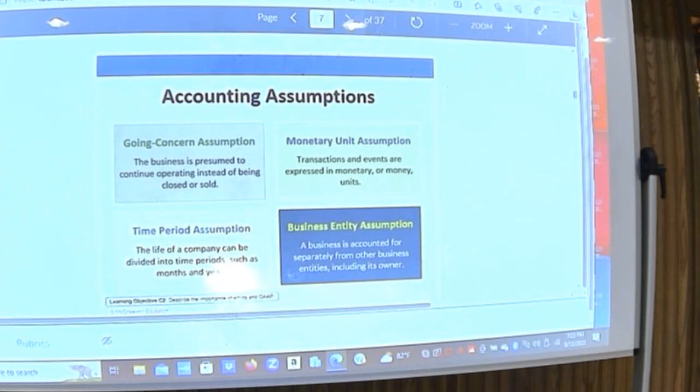We have to account for business transactions separately from other business entities, and in particular, the personal business of the owner. So in other words, say it a little differently, we have to keep the owner's personal business affairs and expenses separate from business affairs and expenses.